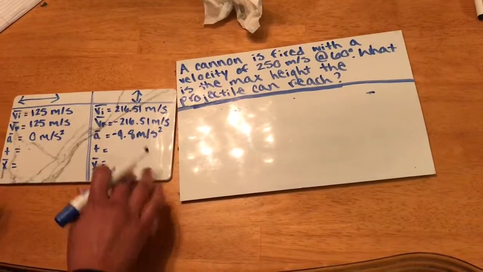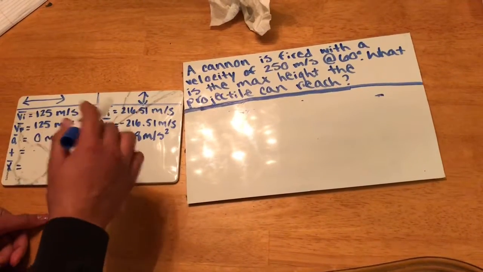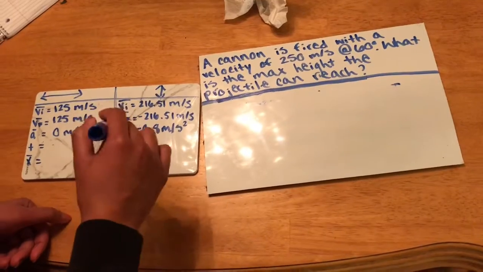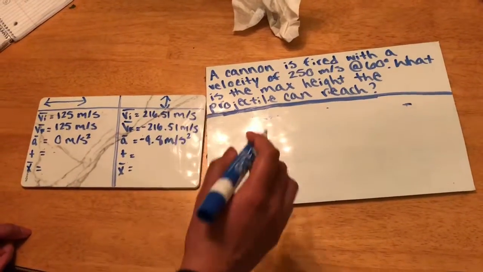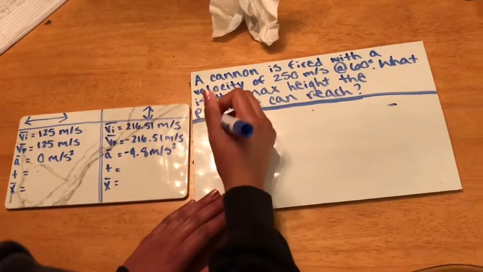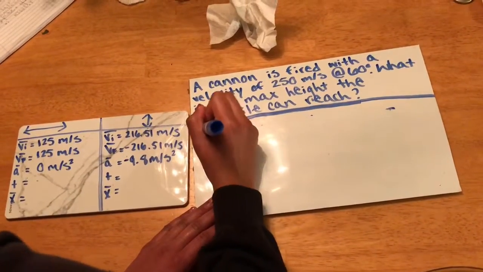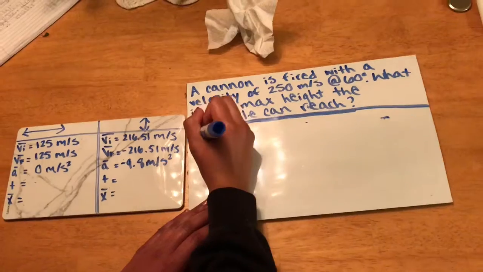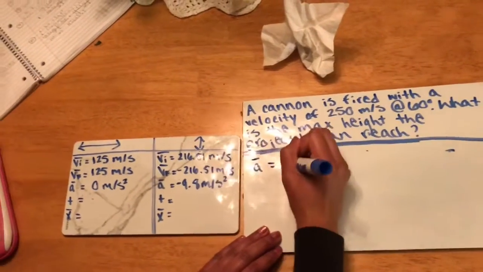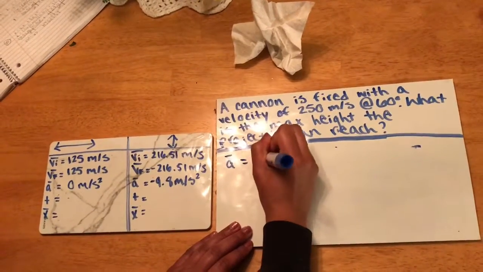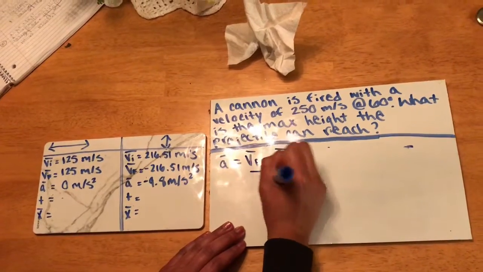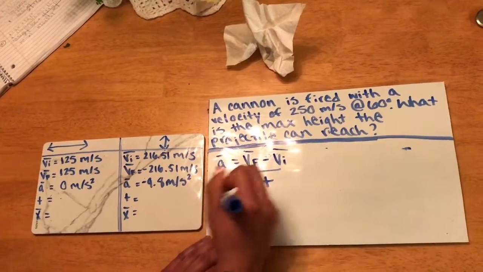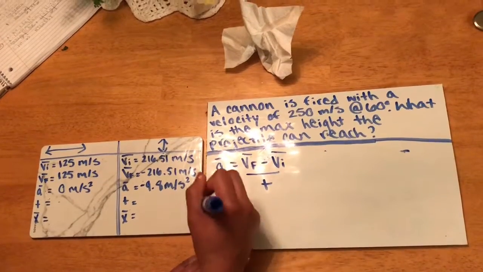Now that we have, for our vertical side, initial and final velocity and the acceleration, we can solve for time, which will be the same for both sides. Our time equation is going to be rearranging the acceleration equation. So this is the original acceleration equation. Acceleration equals final velocity minus initial velocity over time. We're going to rearrange it to make this side equal to time.